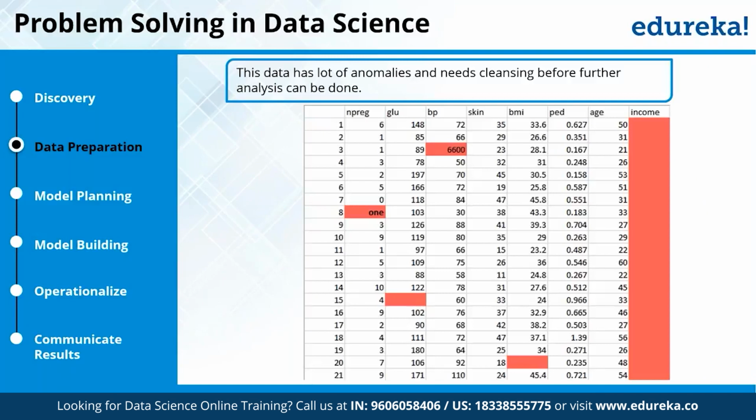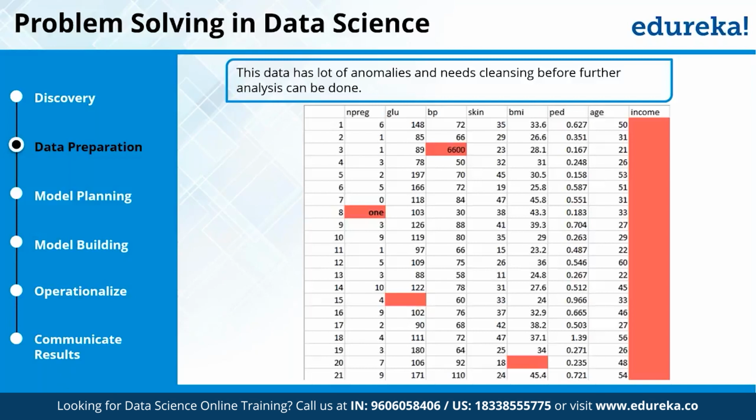So anomalies like this, for example, here if I take the blood pressure, there is data in the third row which has a very high value. 6600 for blood pressure is not possible at all. Something similar happens with inconsistencies in data format.